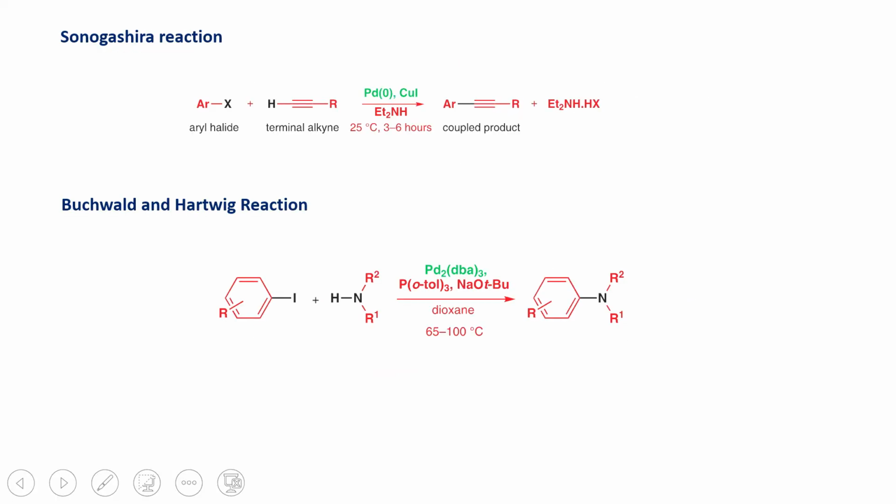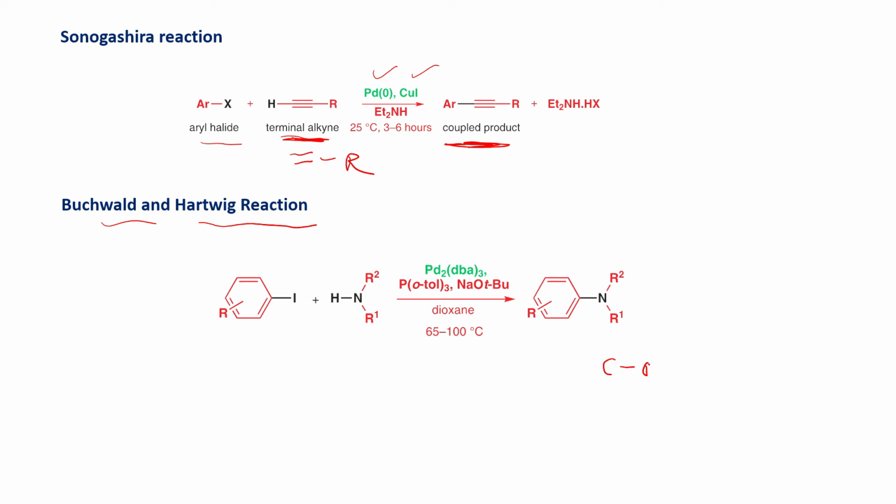Similarly, in the Sonogashira reaction, whereas in the Heck reaction you used a double bond, you use a terminal alkyne. When you treat an aryl halide with a terminal alkyne in the presence of palladium and copper, you are getting your coupling product. And in the Buchwald-Hartwig reaction, you are making C-N bond formation.